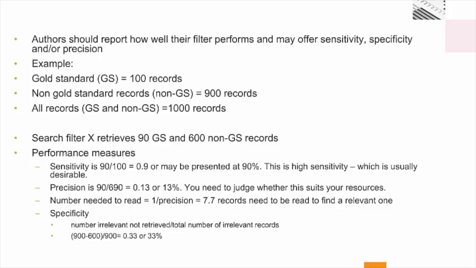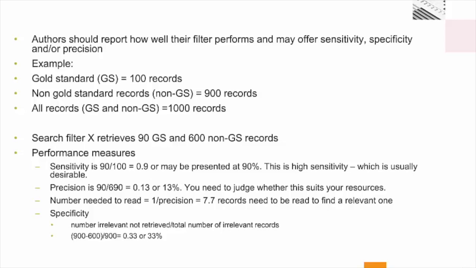It finds 90 out of 100 gold standards. And if it finds 600 of the non-gold standard records, we can work out the precision as 90, the number of relevant records, divided by 690, the total number of records retrieved. So the precision in this case is 13%.